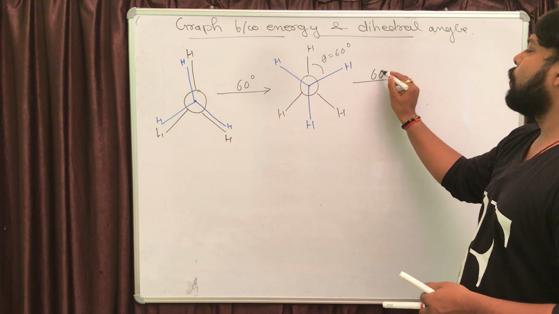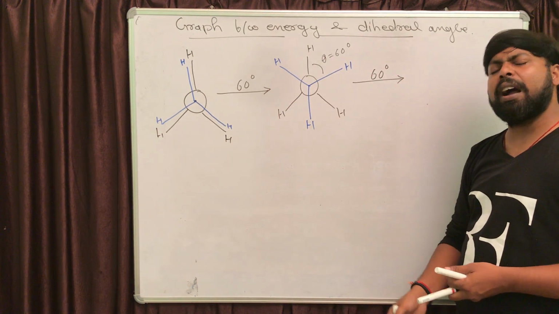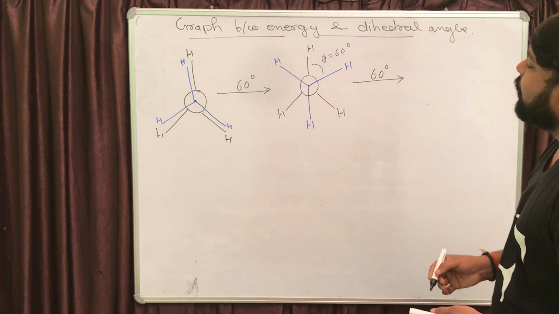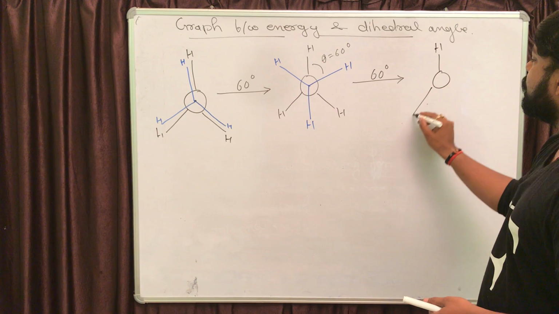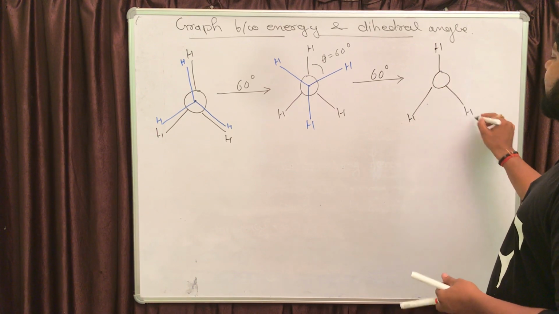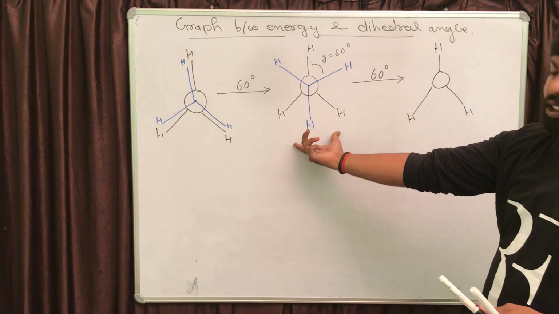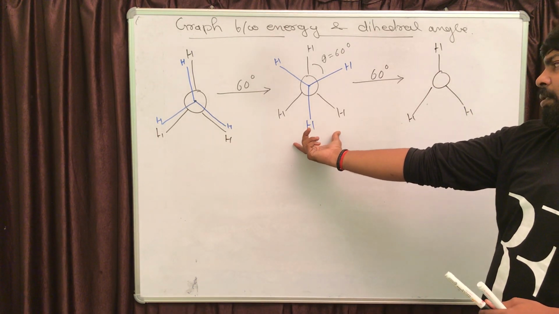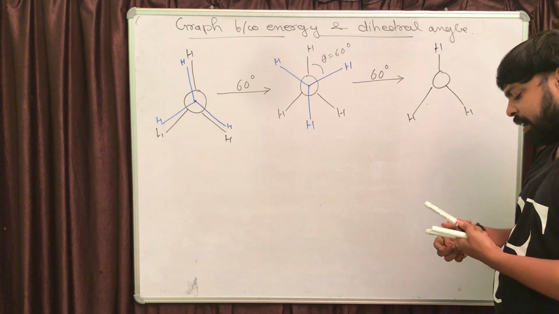Hold the front side carbon atom and rotate the back side carbon atom again by 60 degrees. If you do so, you are again going to get the eclipsed form. We started with eclipsed, the next structure is staggered, and again if you rotate by 60 degrees, you are going to get eclipsed, right?